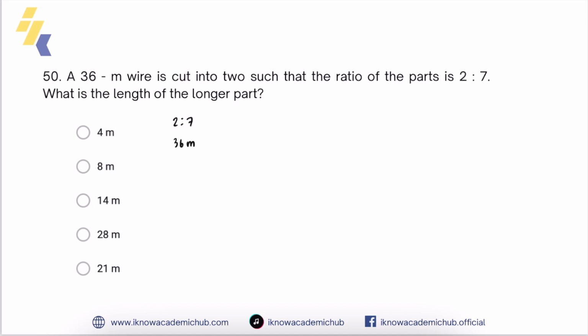So to know the length of the longer part, that is the ratio of the longer part, which is 7 over 2 plus 7, and we multiply that by 36 meters. So that is 7 over 9 times 36 meters.